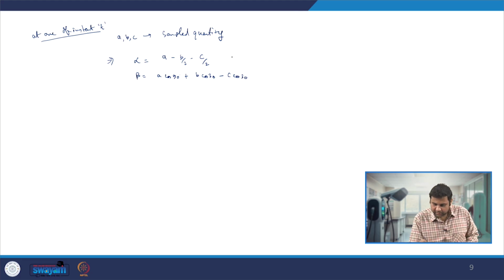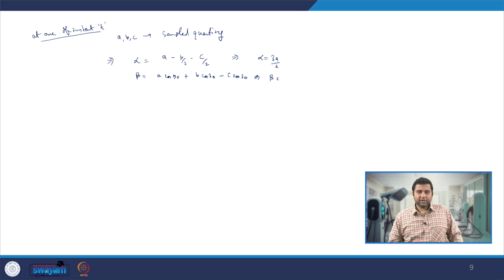That defines alpha to be nothing but 3A by 2, and the beta quantity corresponding to the ABC quantity will be nothing but root 3 by 2 B minus root 3 by 2 C.